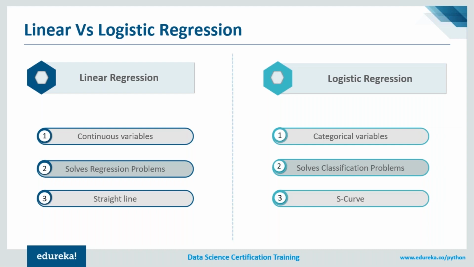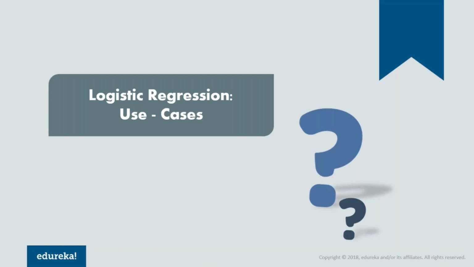In linear regression the line is a straight line, which is why we call it linear, and in logistic we have an S curve, which we saw. So it is continuous versus categorical, regression versus classification, and straight line versus S curve.